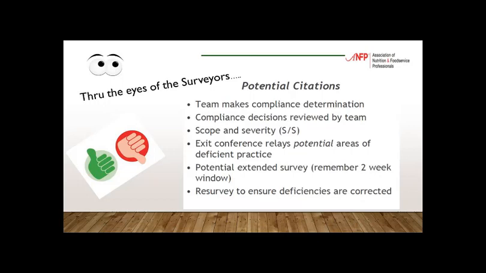So, scope and severity come into the citation and those exit conferences. And here's another big one. If the surveyors feel that what they found needs a lot of work and that there are a lot of residents with potential for harm from their findings, they can extend the survey to be longer.